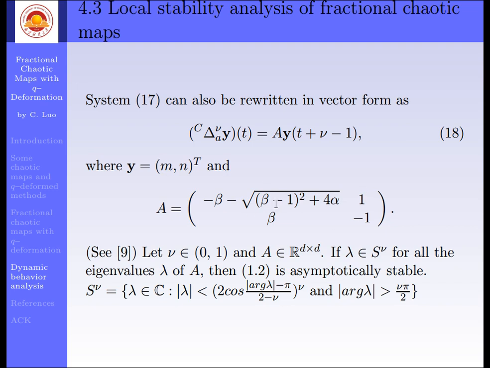As we know, Abu-Saris and Čermák have done meaningful research on the asymptotic stability of linear systems. We refer to the following theorem. If lambda belongs to the set S_nu for all the eigenvalues lambda of A, then the system is asymptotically stable.